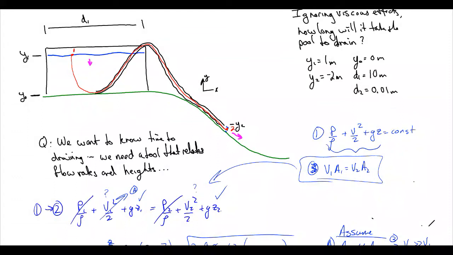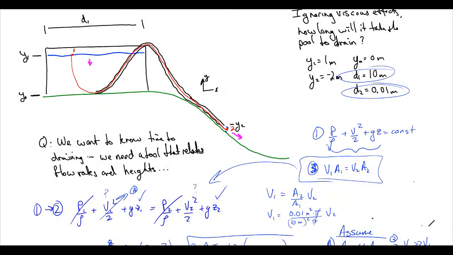We know the relative diameters of our system here: 0.01 meters squared times pi over 10 meters squared times pi. Those cancel out.